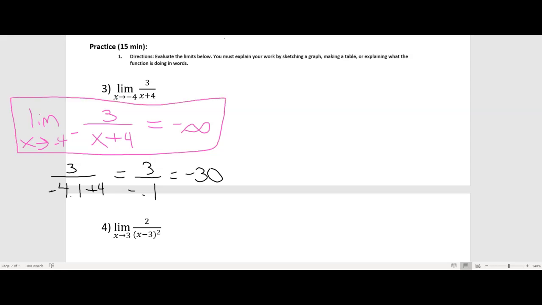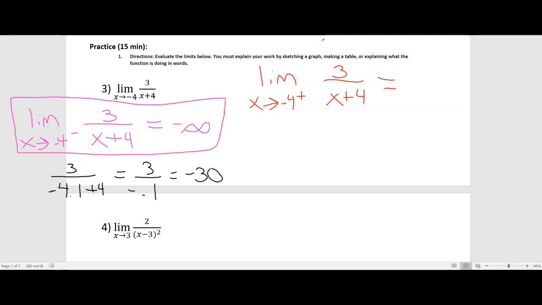Now we also need to check the limit as the function approaches from the right-hand side. So we'll do that in red. So the limit as x approaches -4 from the right-hand side or the positive side of 3 divided by the quantity x plus 4. Now, we can do the same thing. We need to think about the signs. So the numerator is always positive.